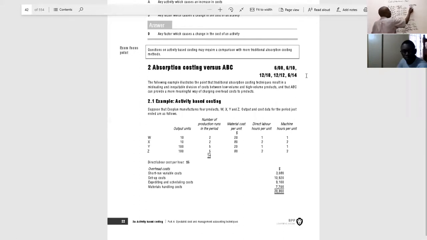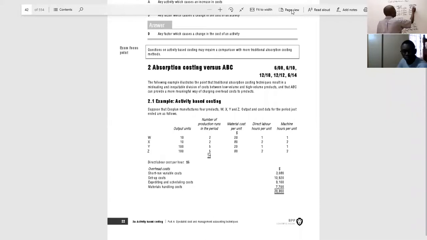The same proportions: 2 over 14, 2 over 14, 5 over 14, 5 over 14, times the total expediting cost. Who is able to see it? I can see it is 9,100.